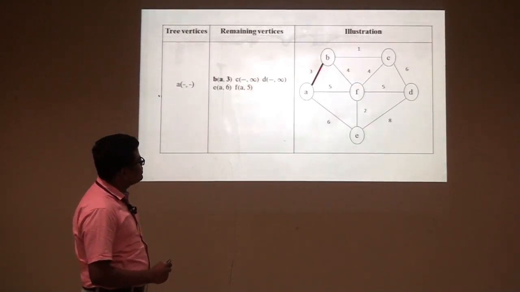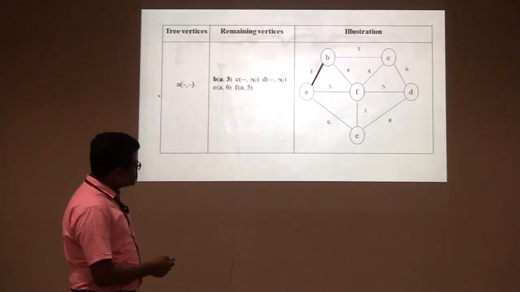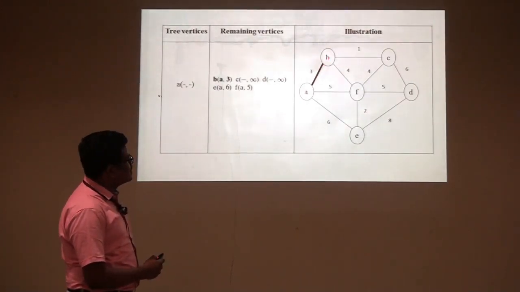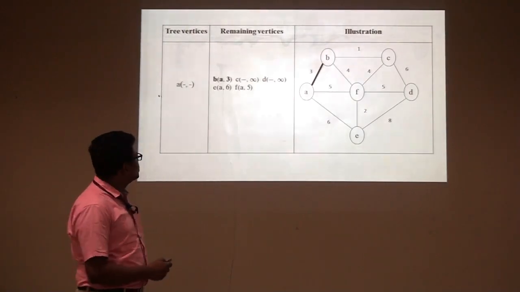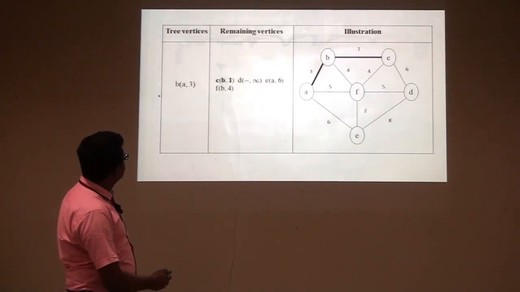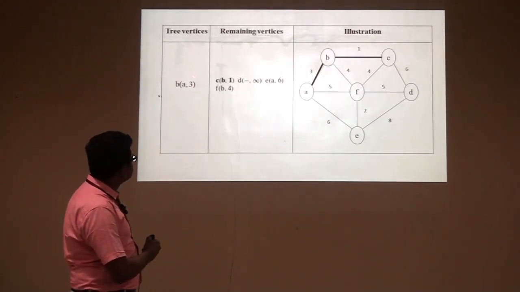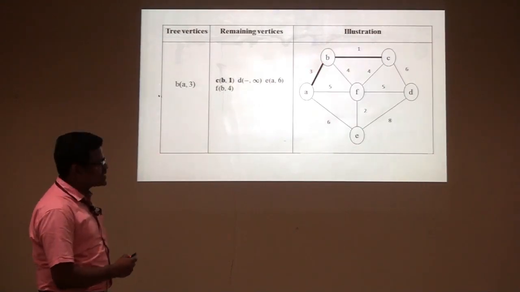So once we have selected the edge A to B, it comes under the tree vertices. So we have connected the tree vertices A to B with the distance 3.